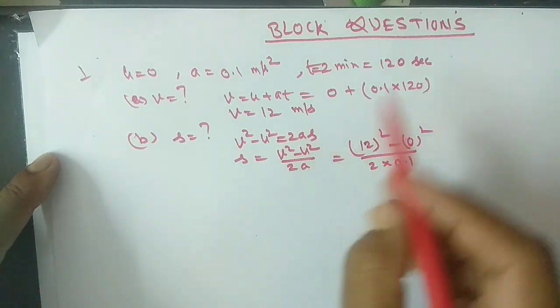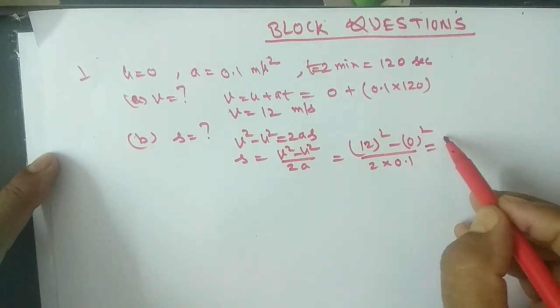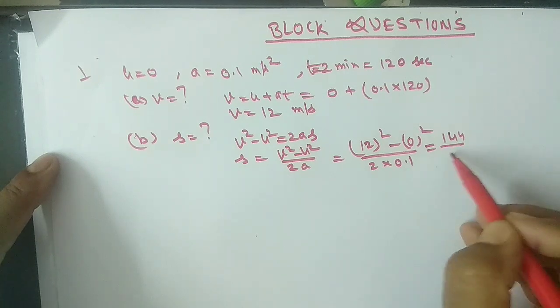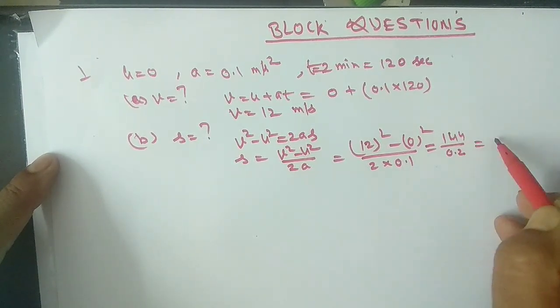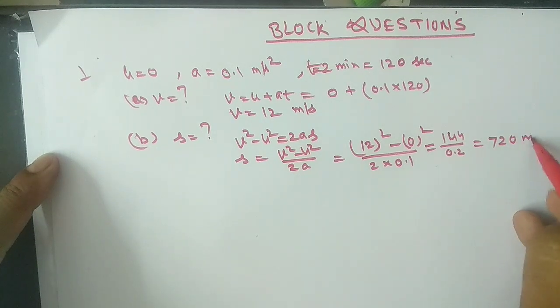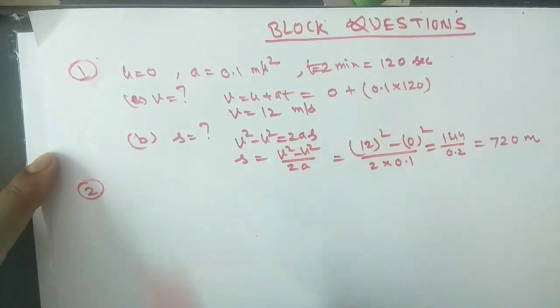A is given in this question as 0.1. On solving, 12 square means 144 upon 0.2. So it is equal to 720 meter. This is the answer.